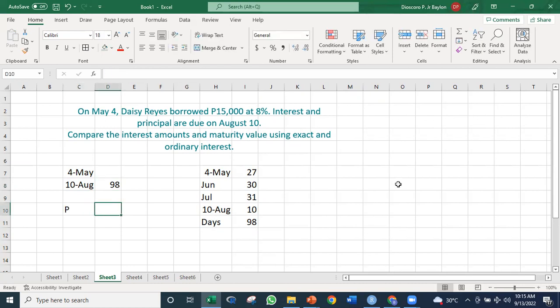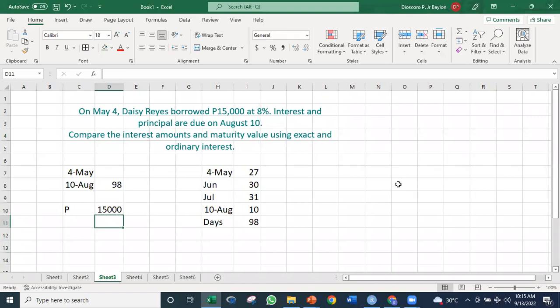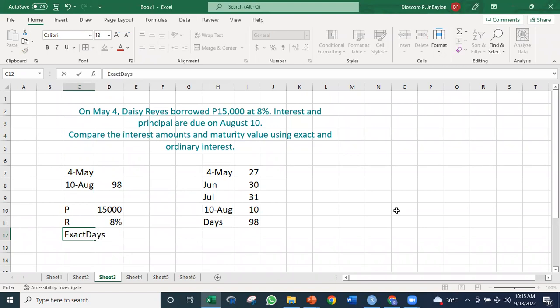Okay, so let's compute. The P is 15K. The rate is at 8%. Okay, and then let's say exact days, 365.